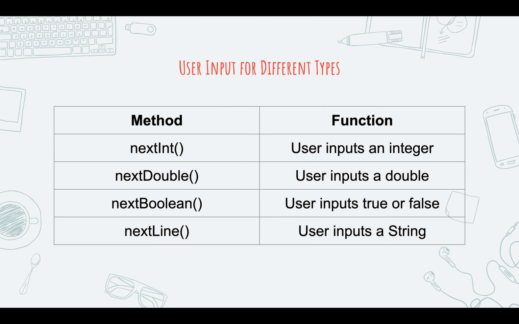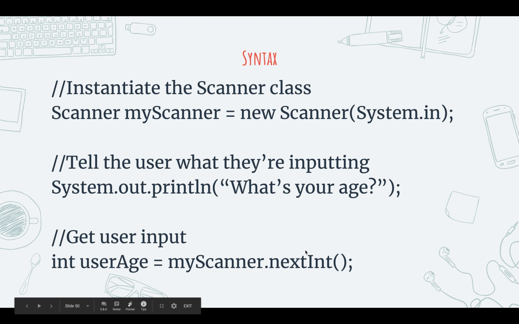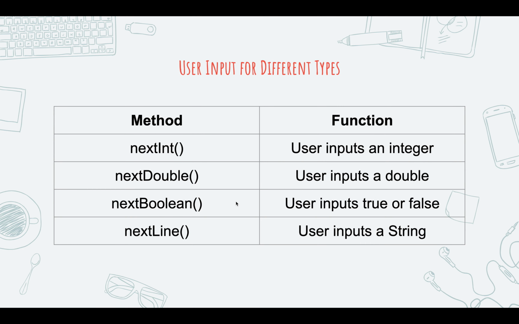And we're not just confined to integers. Whenever we want to get inputs such as an integer, a double, true or false, or even a string, we have to use a different method. We're actually accessing a method of myScanner, so we have different methods of that Scanner to allow for user input for different data types.